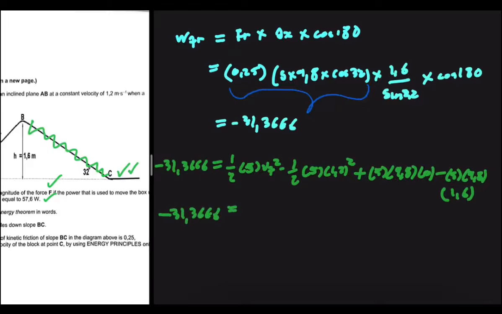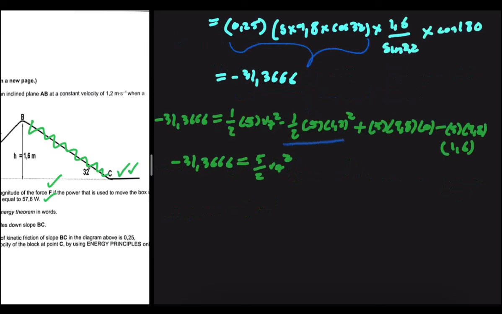So minus 31.3666 will be equal to 5 divided by 2 Vf squared. So now we just need to add this term with this term. This will give us 0. If we do that, we're going to get minus 78.4. It is obvious what we need to do at this point. We need to take minus 78.4 to the left hand side.